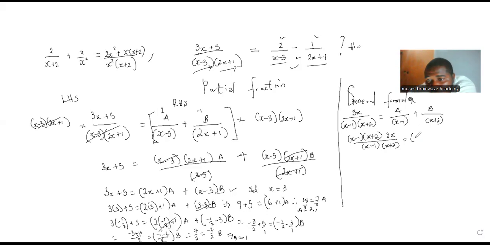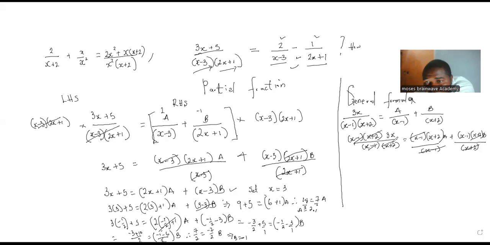So we'll have x minus 1 multiplied by x plus 2, right? So we'll have A plus the same thing, x plus 2, then we'll have B. This is upon x plus 2, which I know they're going to cancel out. So we'll have x minus 1. This also is going to cancel out.